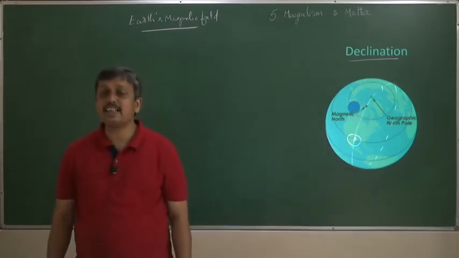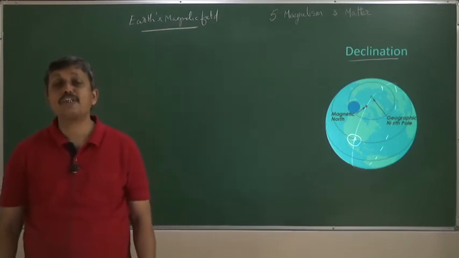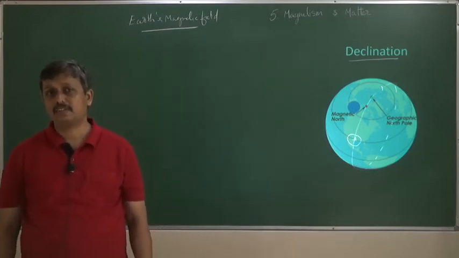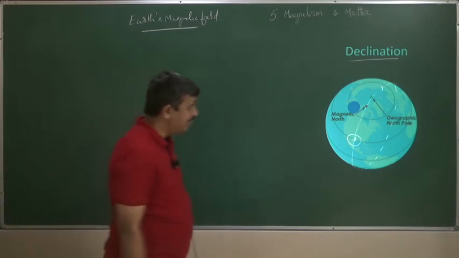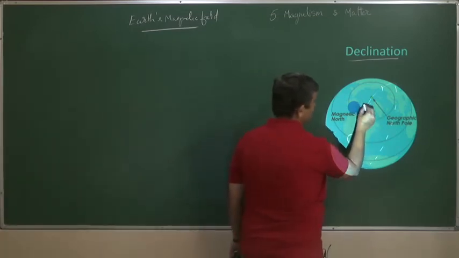So your declination will be 0 on that line. Very clearly you can see. But at other places, declination will be there.